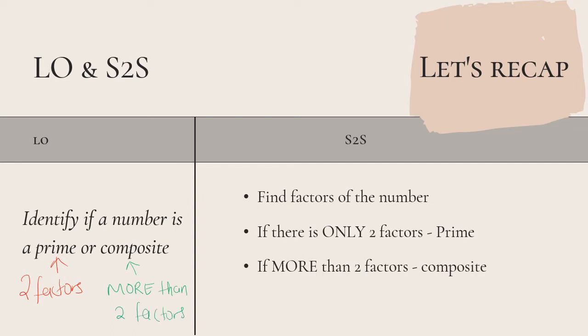As simple as that. And our steps for today: first, we need to find factors of the number. Step 2 is if there are only 2 factors, then we call it a prime. And if there are more than 2 factors, then it's a composite number.